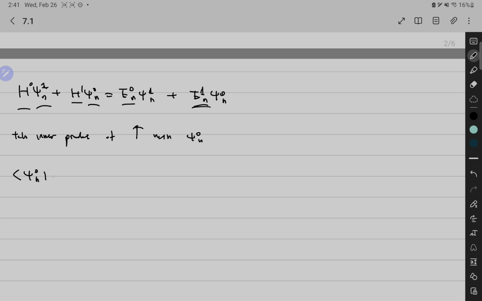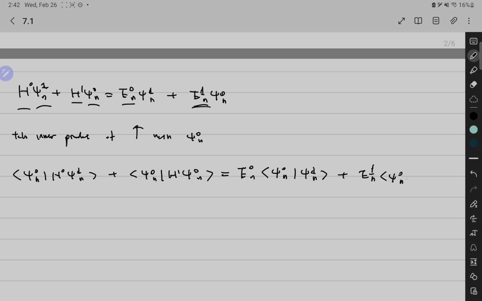So <psi 0n|H0|psi 1n> plus <psi 0n|H prime|psi 0n> is equal to E0n <psi 0n|psi 1n> plus E1n <psi 0n|psi 0n>.